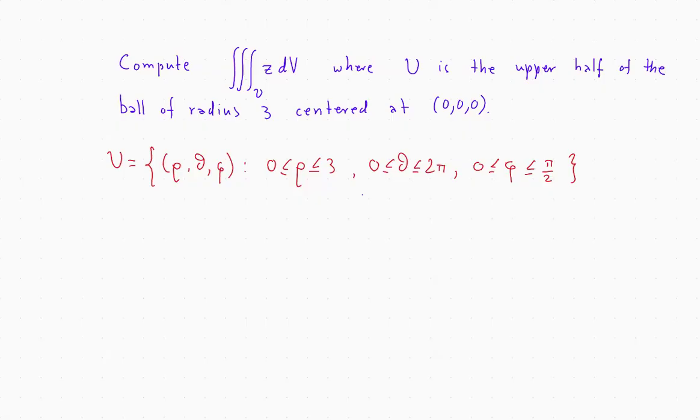If you project the upper half of the ball on the XY plane, you get, as I said before, the full disk of radius 3. Here you can see that the angle theta goes all around. It starts at 0, goes to pi over 2, pi, 3 pi over 2, and comes back to 2 pi.